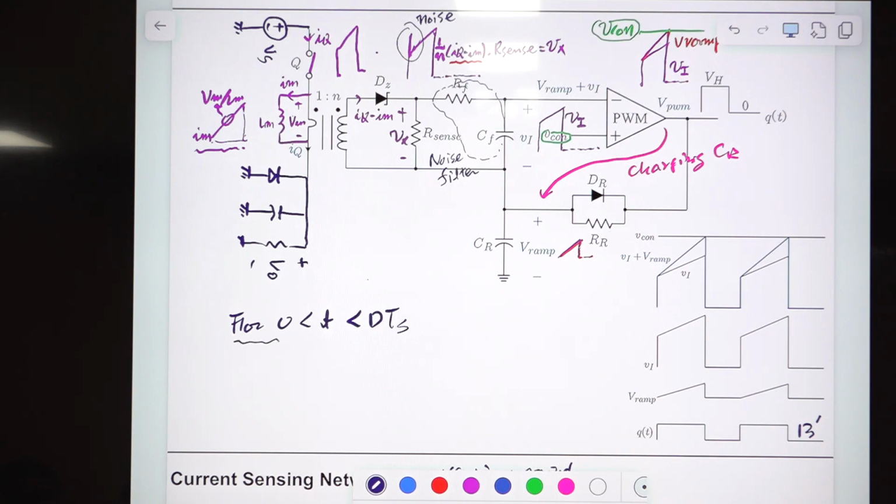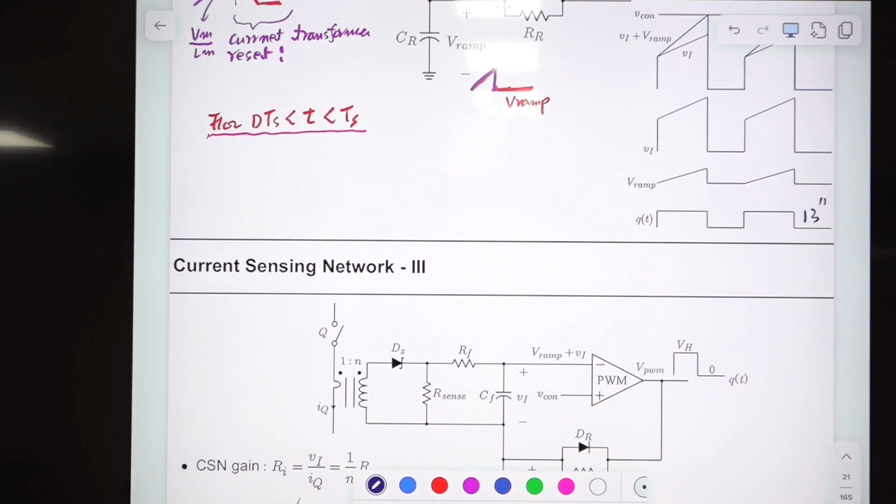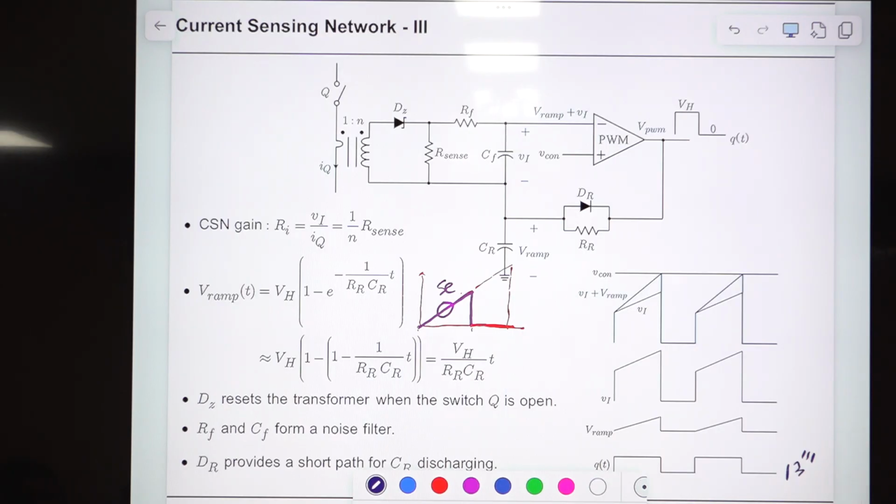Okay, so this is for this time period, and the other one is for that time period. And I put everything together to derive the current sensing network gain and the slope of the external ramp.